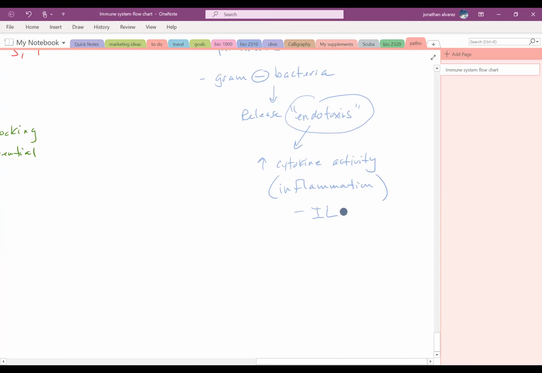The interleukins can come in, which promote inflammation, fever, fluid retention, all that stuff. The tumor necrosis factor, okay? The influx of white blood cells. Okay, and all these guys feed off of each other, right?